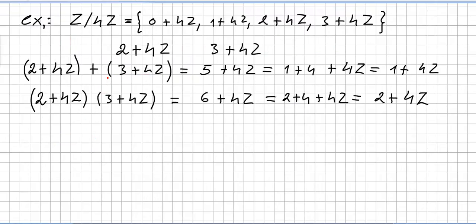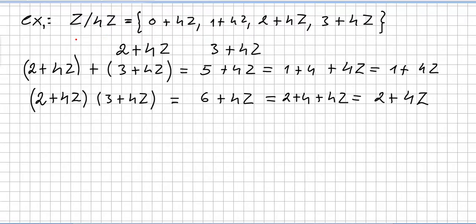So I show you here a quick example of these factor rings. We have the factor of the integers by the multiples of 4, and as we said before, the multiples of 4 are an ideal of the integers.